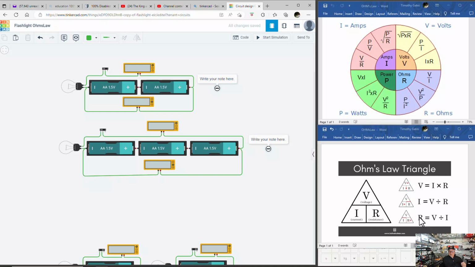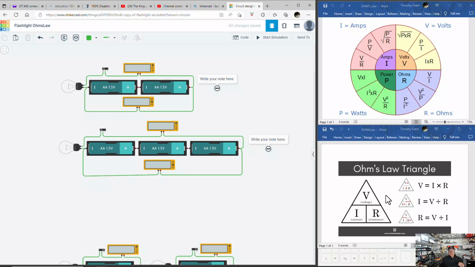Then the third equation is the resistance equals the voltage divided by the current. So voltage on top here equals I multiplied times R. But current equals voltage divided by resistance, and resistance equals voltage divided by current. So you need to write down this triangle and write down these 3 equations so you can memorize this.